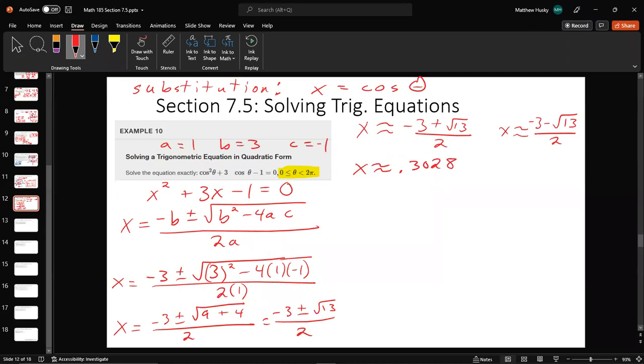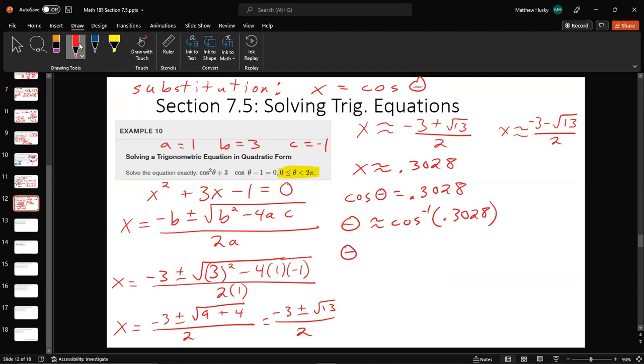So this means cosine, not sine, cosine, because that's what we used to begin with. So cosine of theta is going to equal 0.3028, and theta is going to be the cosine inverse of that number.